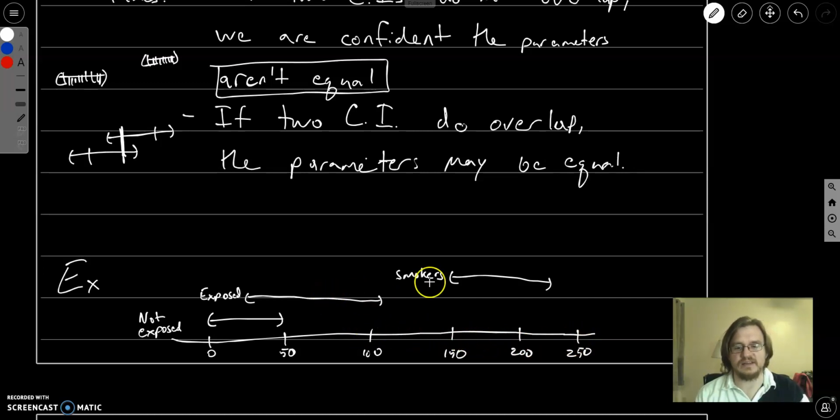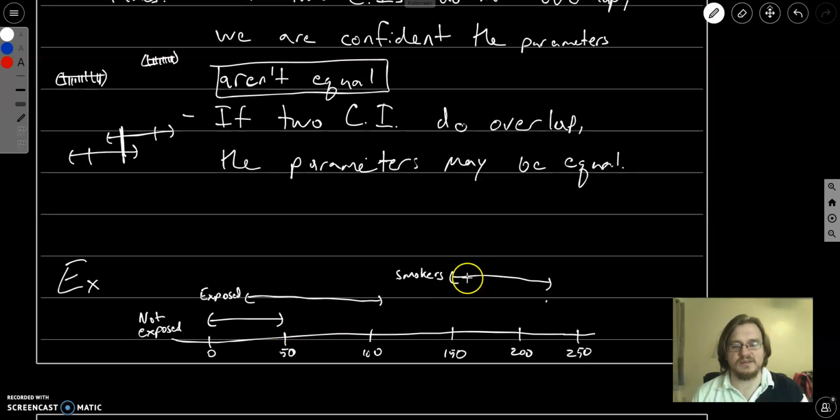And we can see that, for instance, in smokers, the levels of cotinine will be between 150, I think it's something like milligrams in the blood, up to about 225. So we know that the average amount of cotinine is going to be way up here. Whereas for people that have only been exposed to secondhand smoke, the values will be between, let's say, 25 and a little bit over 100. And those that have not been exposed at all will be between 0 and 50.